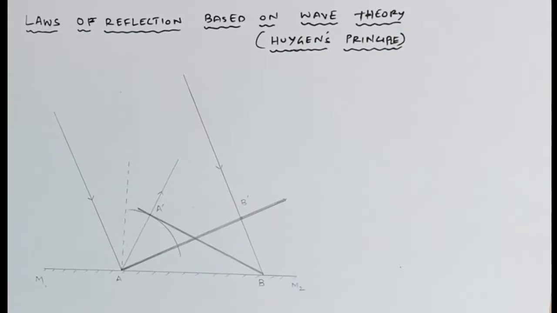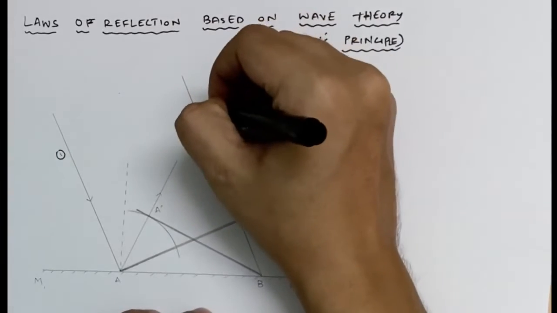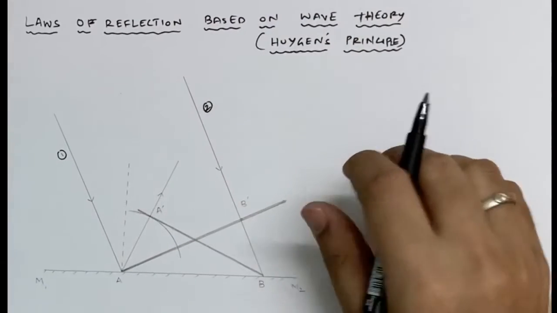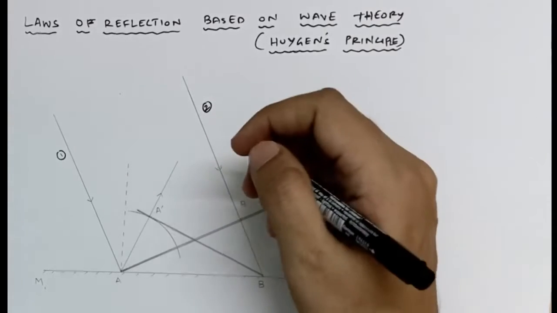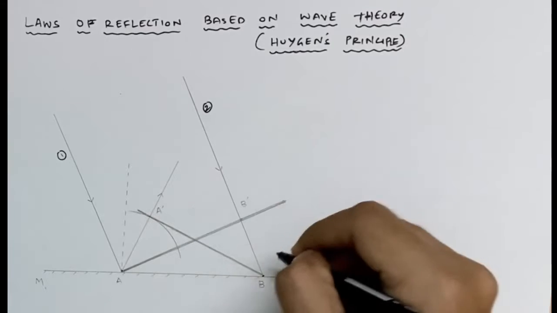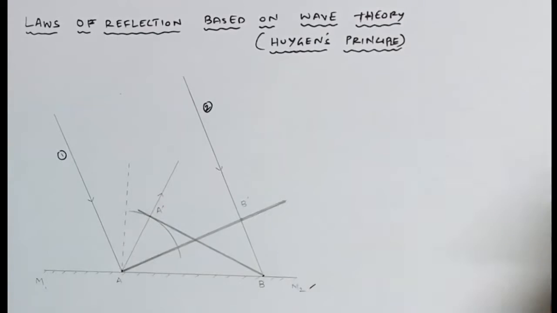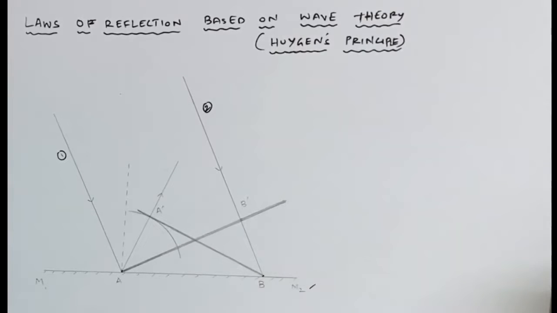To start with the construction, first we need to take two incident rays which are parallel to each other. Let this be the first ray, let this be the second ray, which are incident on a mirror M1, M2. If you observe, these two are inclined and hitting the surface in such a way that the first ray is hitting the surface and the second ray is taking some extra time to hit the mirror.